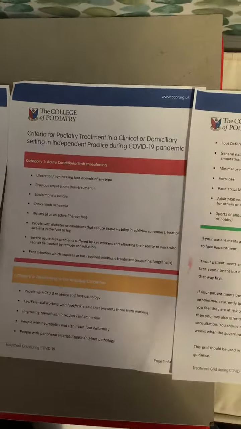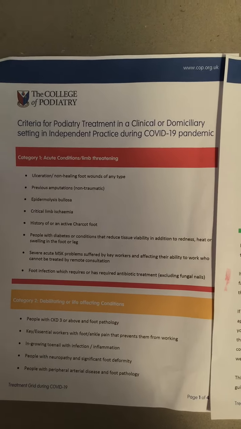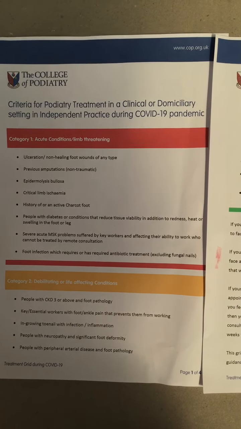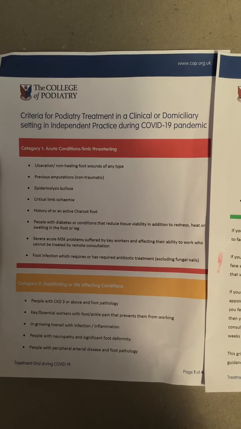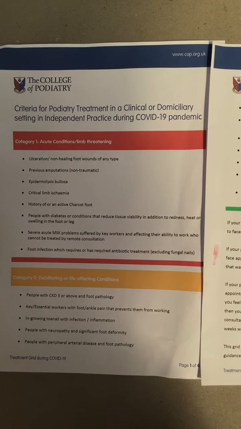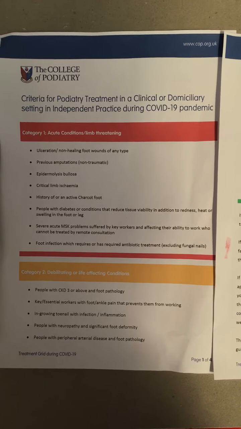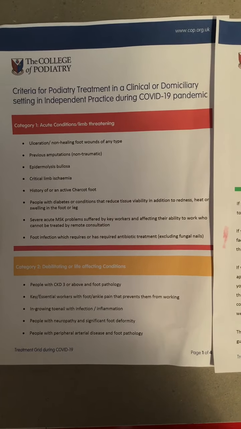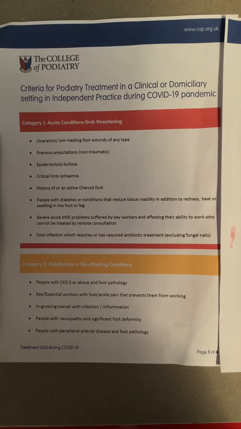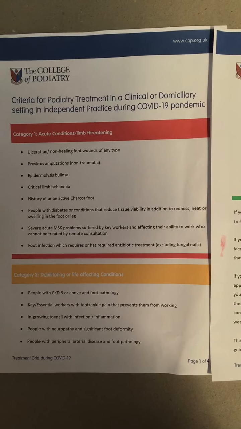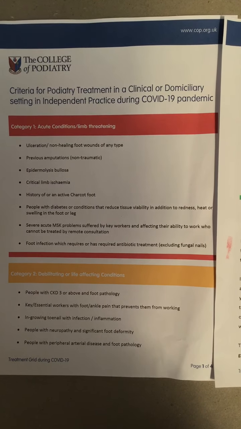So this is what the college has given us with this very useful red, yellow, green treatment grid. Kind of, in my mind, it's the wrong way around, but I suppose you can think of it as acute or urgent is red, but I think of green as go and red as stop.